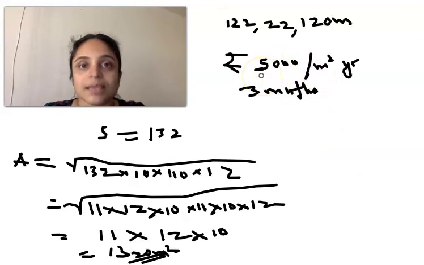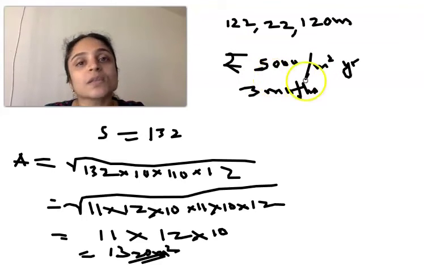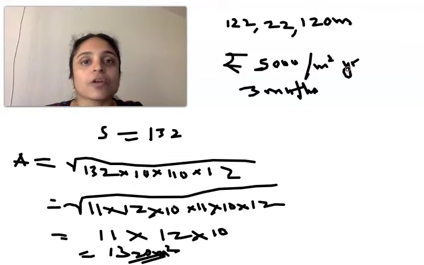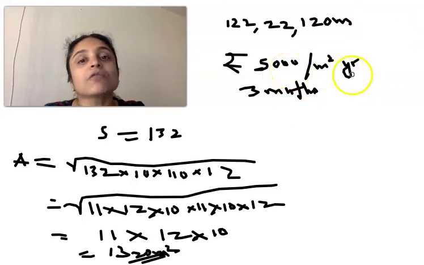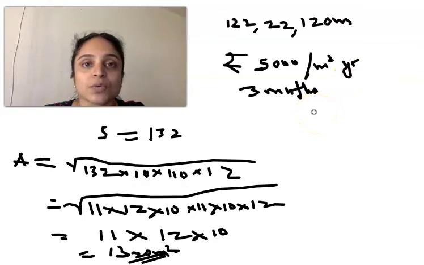Now the earning from this advertisement is 5,000 rupees per meter square, and that is given for a year. But the company is renting it for only 3 months. So we have to find the rent for 3 months. For that, this is 5,000 rupees for 1 year, that is for 12 months it is 5,000 rupees. So for 1 month what will be the earning? 5,000 by 12, right?